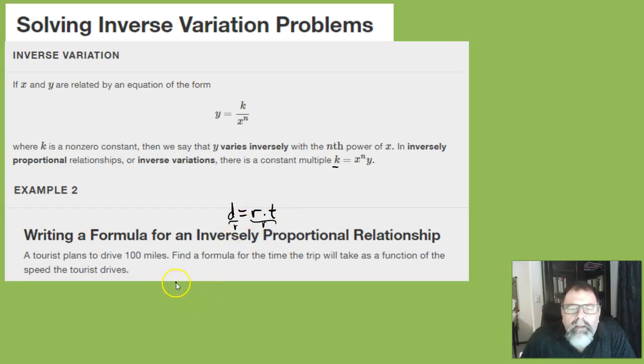So time is 100, that's our k, over r. This is an inverse variation problem. As r gets bigger, t will get smaller. As r gets smaller, t will get bigger, right? So they're inversely proportional.